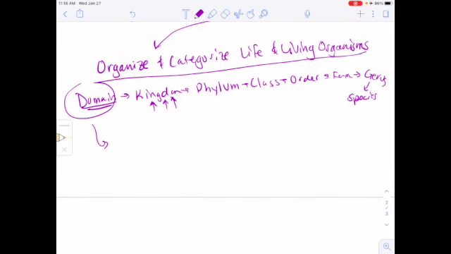The domain system uses genetic sequence data to show relatedness between different organisms. So the domain system has what we call three domains.